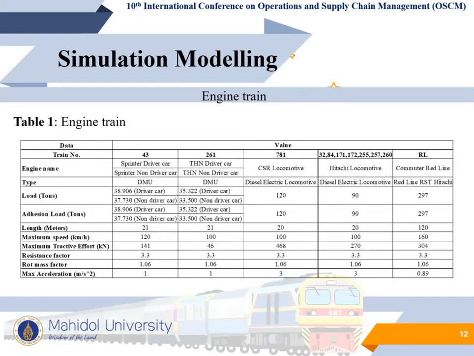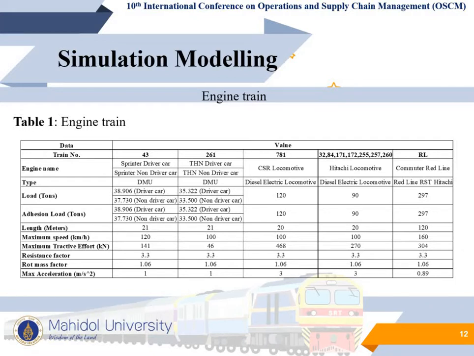For the simulations, I have applied the OpenTrack program for analysis. The model needs to be consistent with the Red Line train that can operate at up to 160 km per hour. The long-distance train has 2 types of speed, running at 120 km per hour or 100 km per hour.